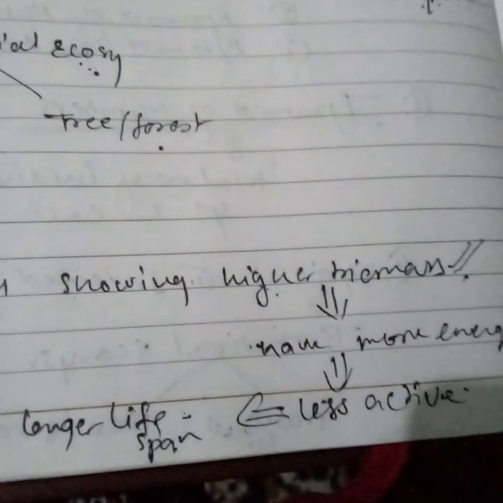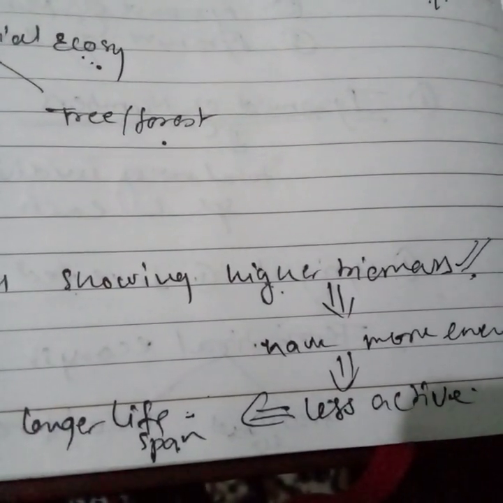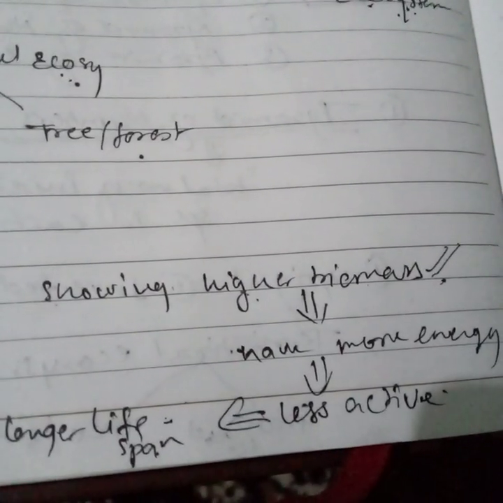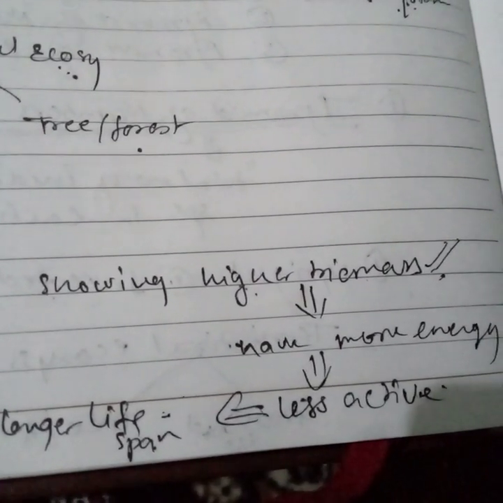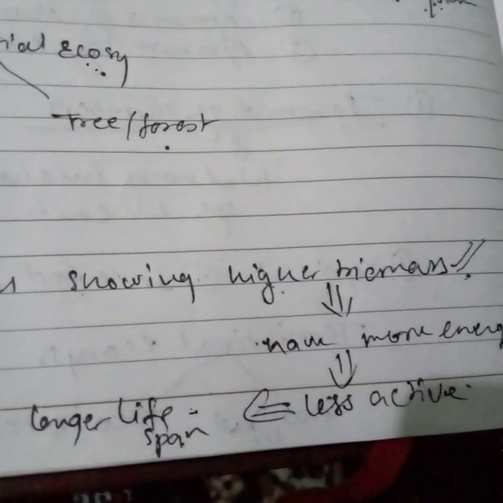So those organisms having large body size contain higher biomass with longer lifespan.